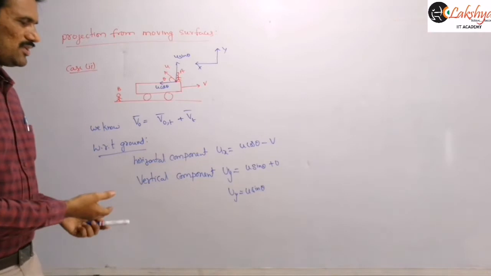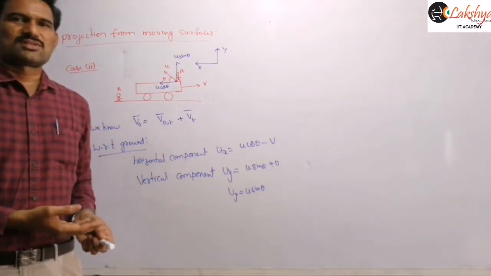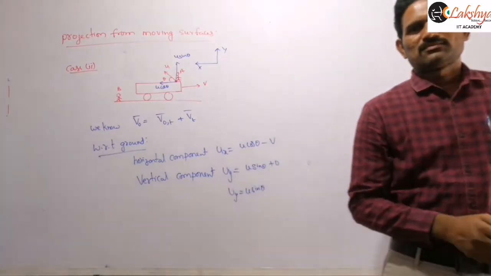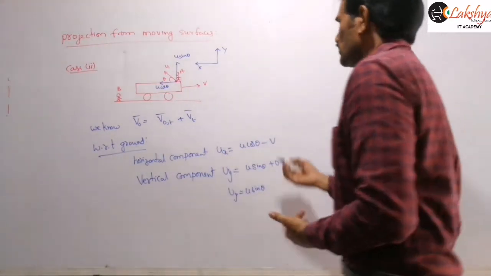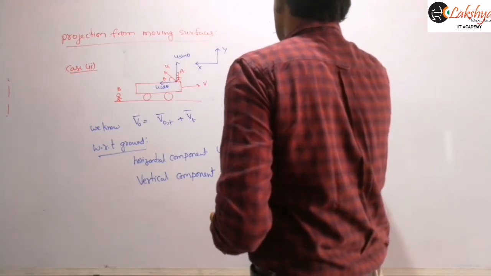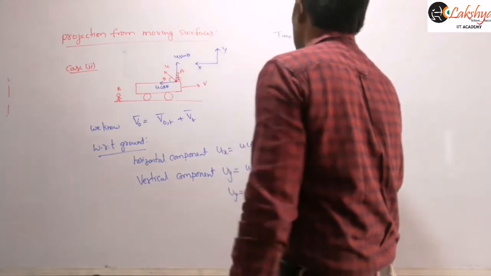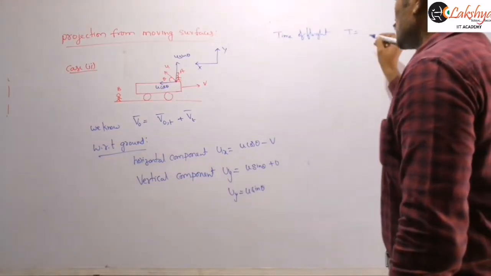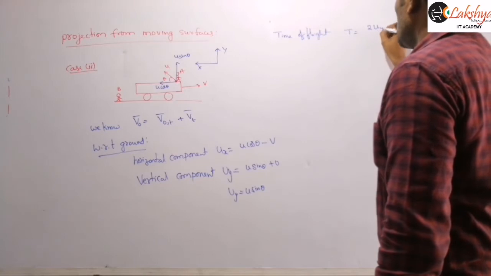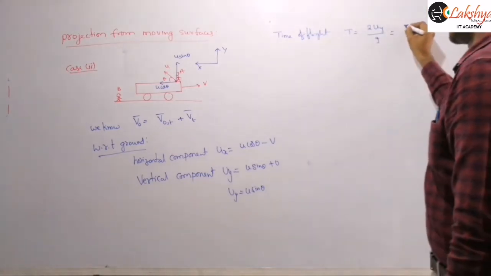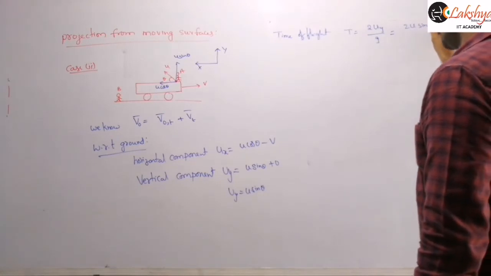And again, as you know these two quantities, the x component and y component, you can find any parameter regarding the projectile that you know already. So time of flight you can write, or range, or maximum height. So the time of flight I can write as t is equal to 2 into uy by g, uy in the sense, that is nothing but 2u sine theta by g.